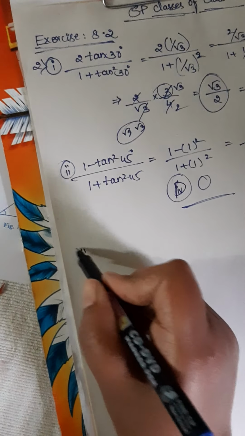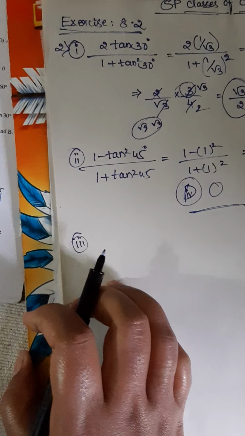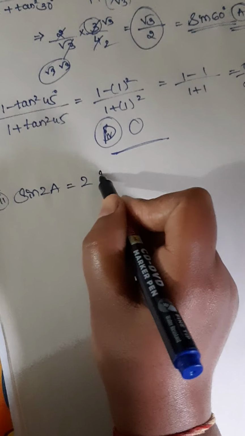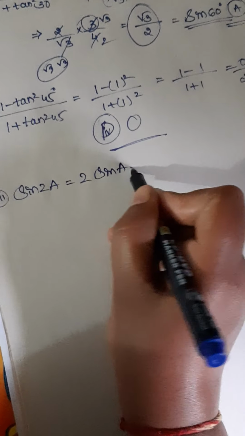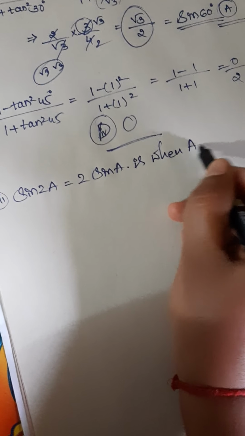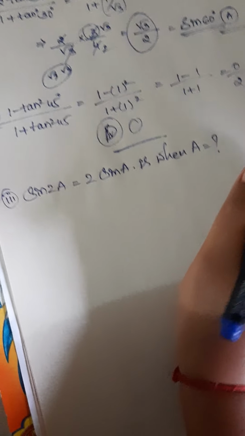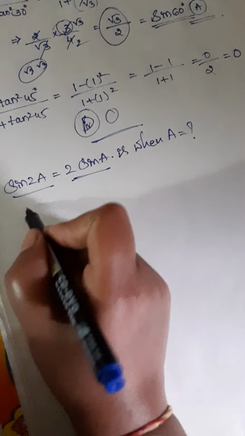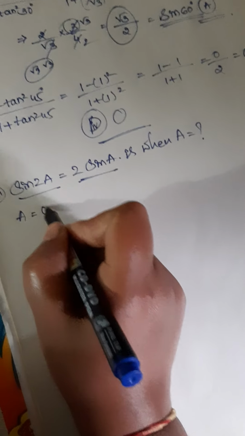Next one, for the third one, what is there? Sin 2a is equal to 2 sin a is true when a is equal to what? Suppose take a is equal to 0.